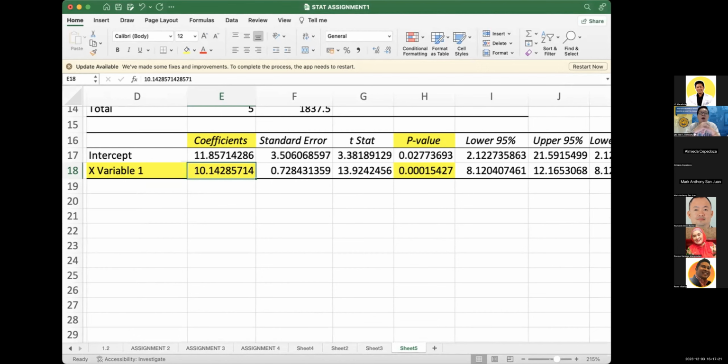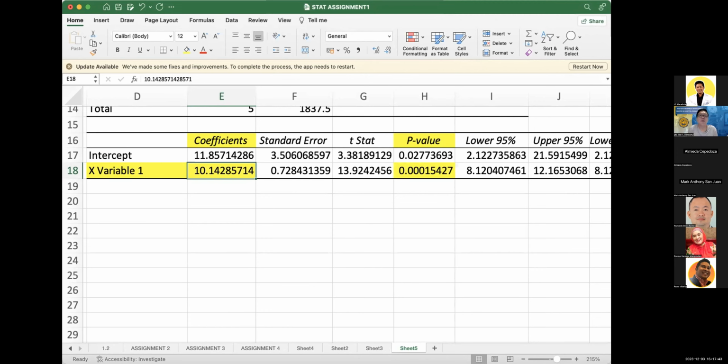So that's how your regression works. It is a projection. It helps you project kung ilang nurses pang kakailanganin nyo para ma-meet yung stated number of patients that still need attendance. That's how easy your regression would be.